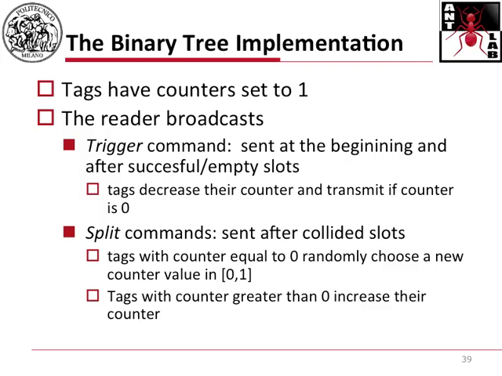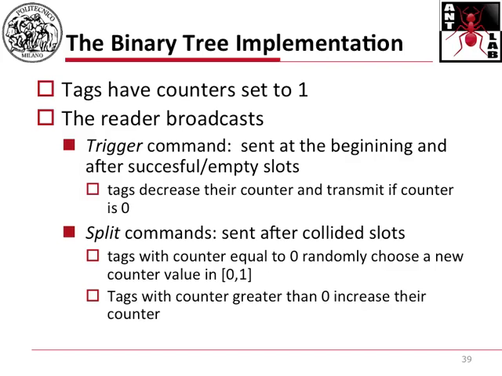So whenever the reader sees either a slot with a successful transmission or a slot which is empty, with no transmissions, then, if the tags receive any of these trigger commands, the effect is to decrease the tag counter from the current value to that value minus 1.